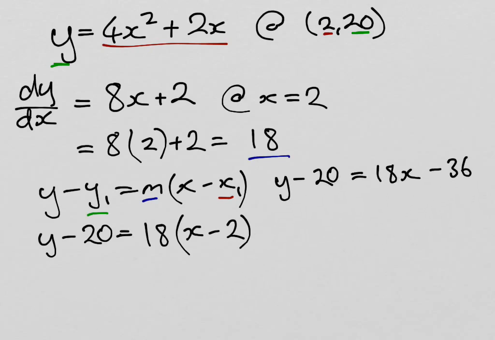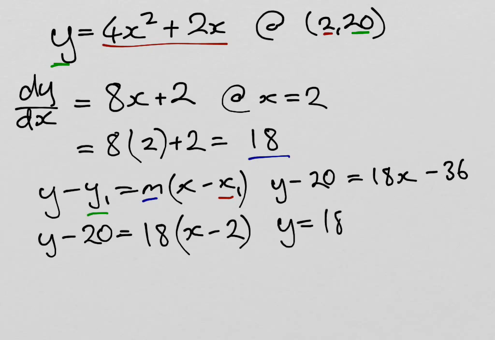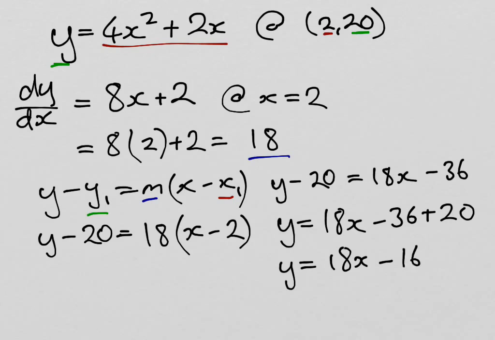Now just moving this up over here, we can simplify this again to be y equals 18x minus 36 plus 20, which is y equals 18x minus 16. This is our equation for the tangent at the point (2, 20).